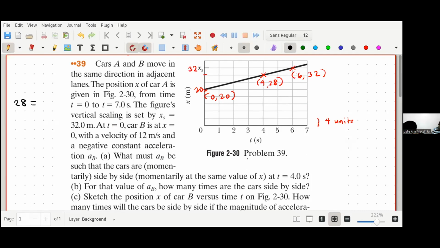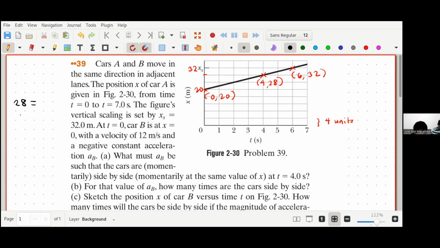Teka, ang sabi dito ay, cars are momentarily side by side. Opo. So, parehas na ng posisyon. So, yung position na yun po is equal to the constant acceleration equation for B. So, ngayon, alam ba natin yung acceleration ng isa? Hindi, no? Nung A po? Ay, hindi. Nung B, hindi po natin alam.